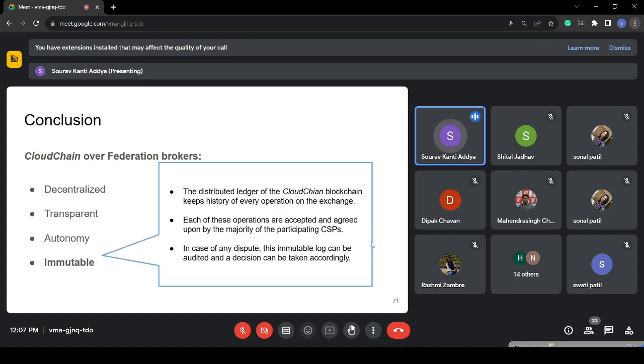Immutable. The distributed ledger of the cloud chain blockchain keeps the history of every operation, that is, transactions on the exchange. So we are tracking each and every transaction. Each of these operations is accepted, agreed upon by the majority of the participating CSPs, that is consensus. Once consensus happens, only then will it be accepted.